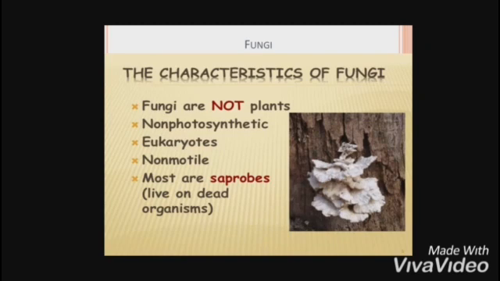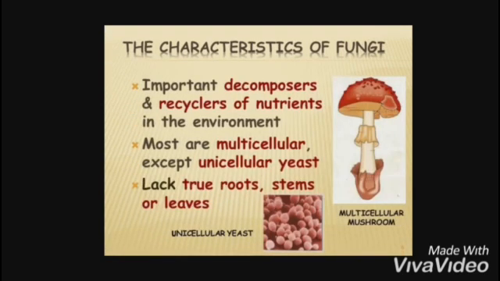fungi. Fungi are a group of plant-like non-green organisms that grow on decaying surfaces. They may be unicellular or microscopic like yeast, or multicellular and macroscopic like mushroom. They come in different shapes and sizes, and they get their nutrition from decaying plant and animal matter, so they are called saprobes.